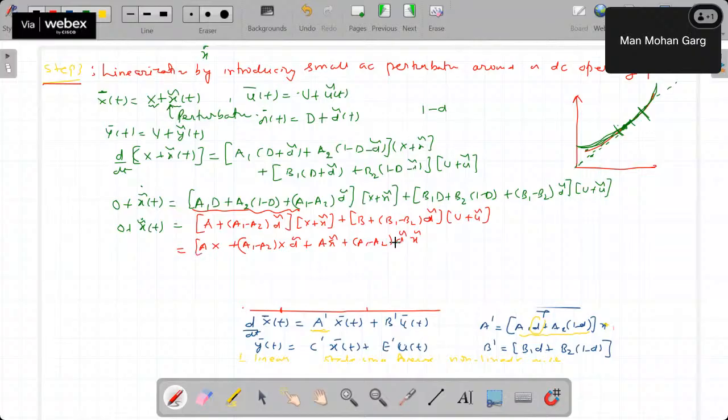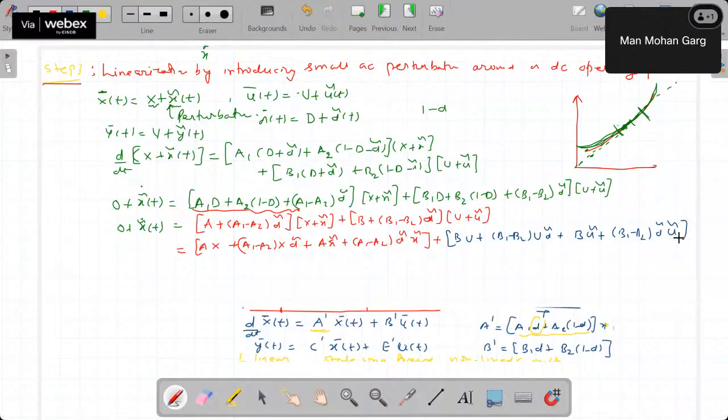So this is our first term, plus BU plus (B1 minus B2) U d cap, plus B u cap plus (B1 minus B2) d cap u cap.